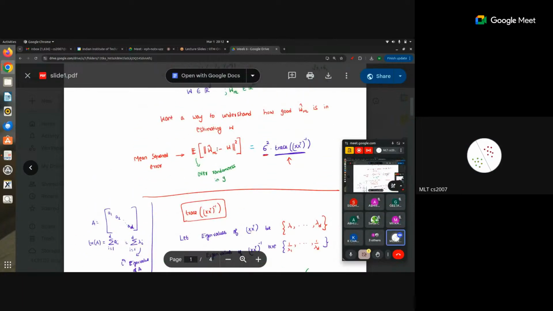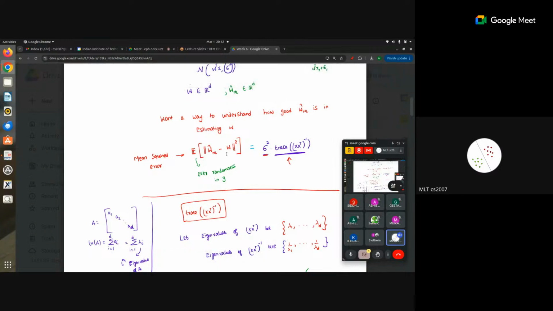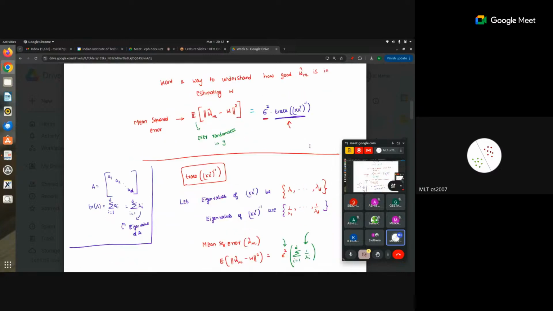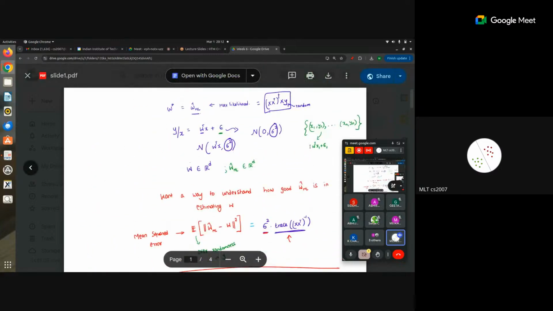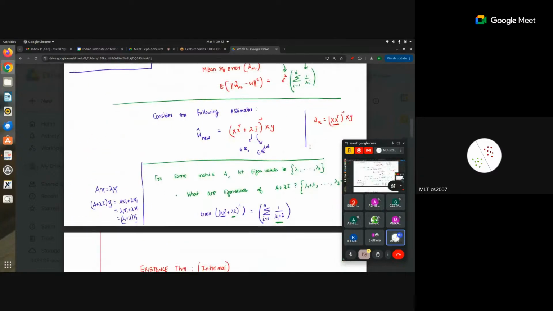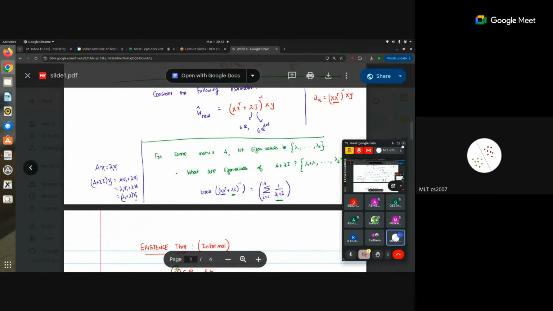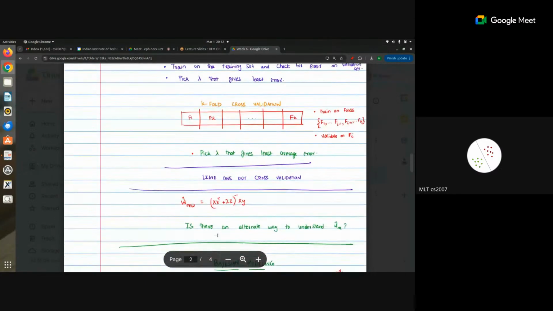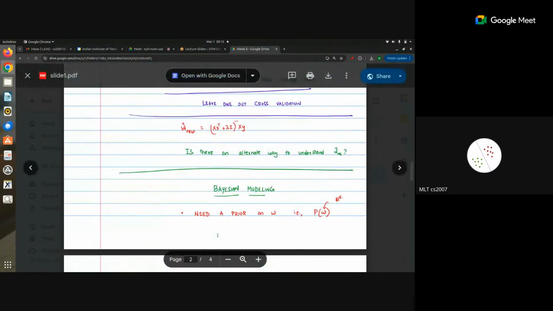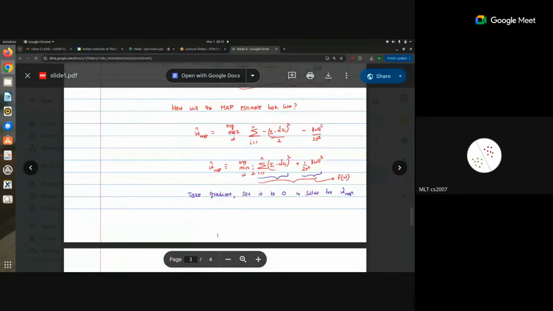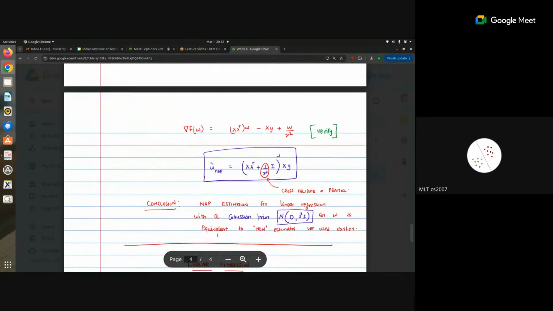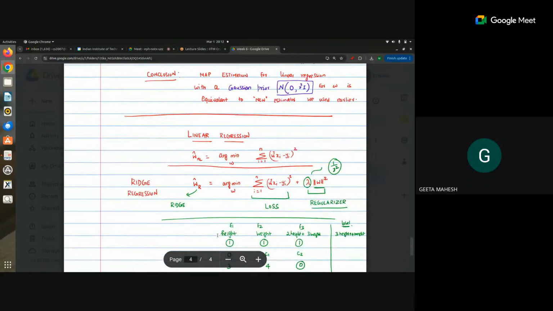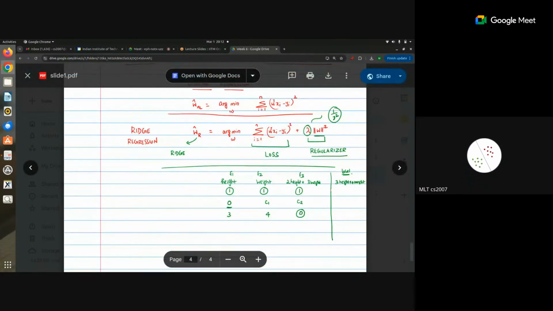So this was your mean squared error between the maximum likelihood estimator and the actual W's, and it depends on sigma square trace of x transpose x inverse. Somewhere it is added. Which slide is it on? Here, right? It's a regularizer here.